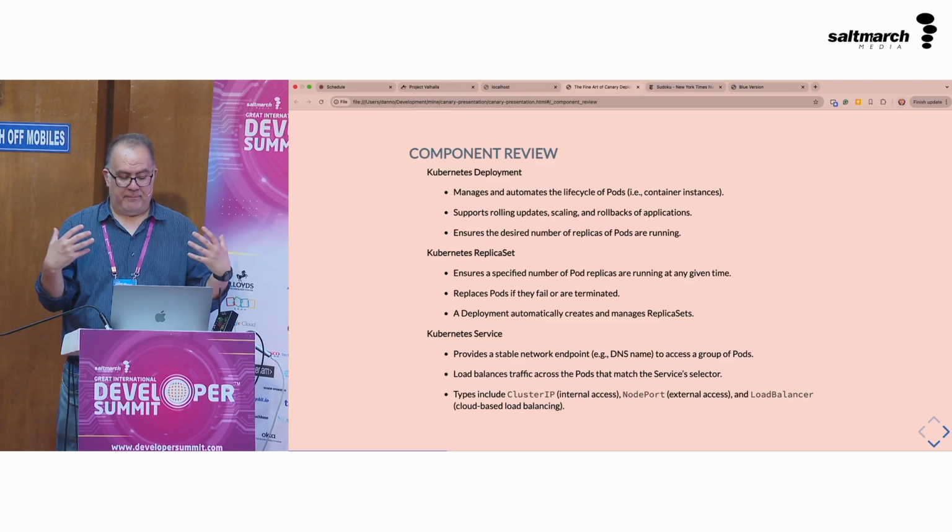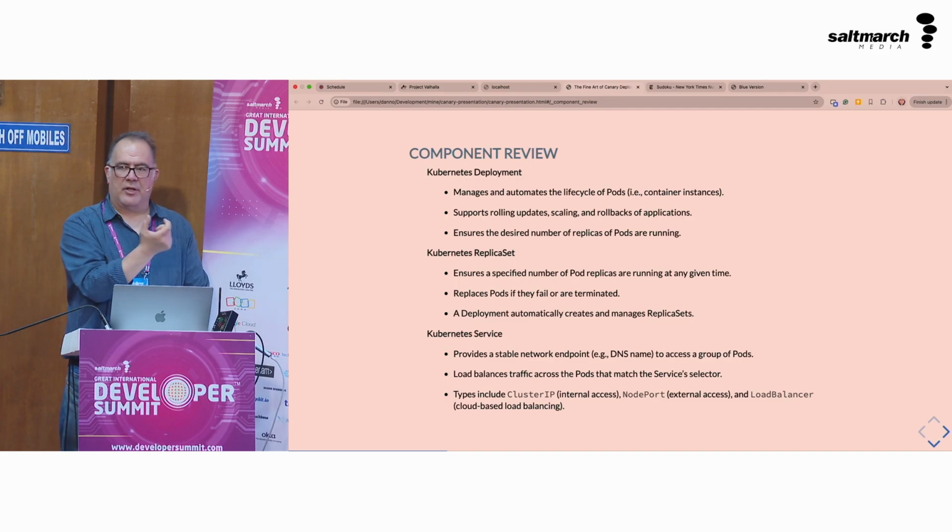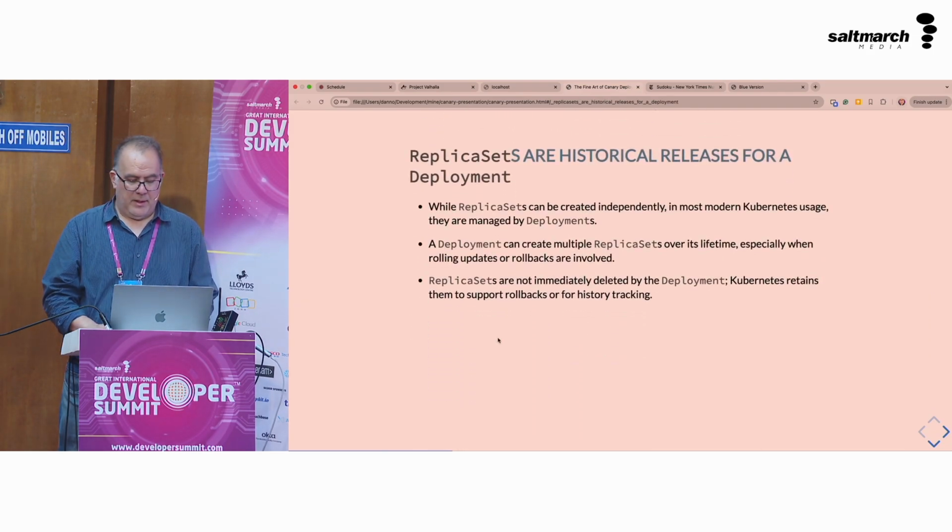So deployment is the boss of the sushi chefs. They manage the updates, the scaling, etc. Replica sets are the history. So it's kind of a history ledger of all the deployments that you've done. And then the Kubernetes service is the route. How do we route things? So again, replica sets are the historical releases for a particular deployment.